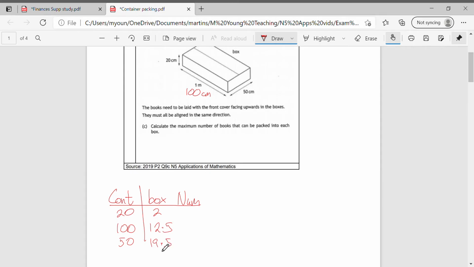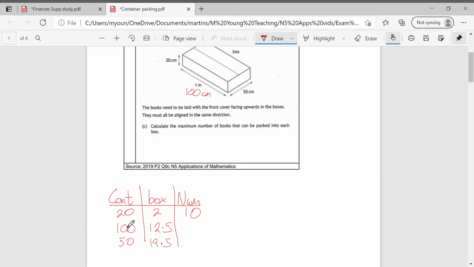Then I'm going to divide the left-hand side by the right each time to work out how many I can fit in. So 20 divided by 2, these are usually calculator ones, is 10, so I can fit in 10 whole books along that way. 100 divided by 12.5 is 87.5.